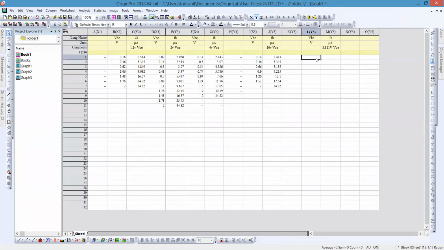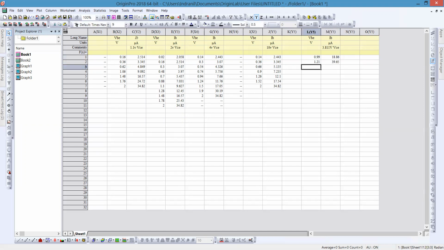Good. Now tell me the VB values one by one. 0.98 volts and IB value 18.86 microamperes. Next, 1.21 and 39.65.